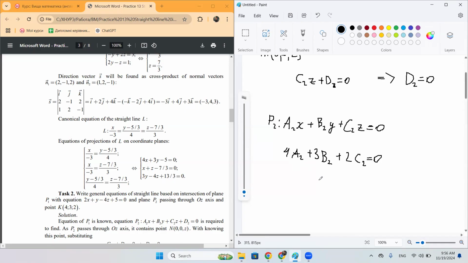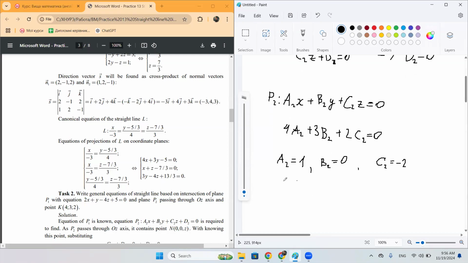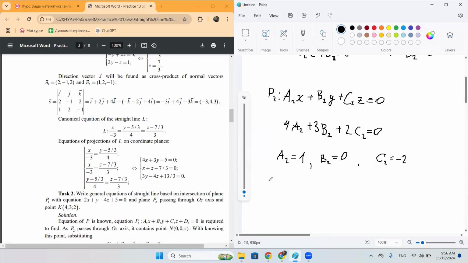I suggest the following: let's assign A2 the value 1, 0 for B2, and C2 will equal -2. Can we do it? Yes, we can. And then we will have the following equation of the plane P2.